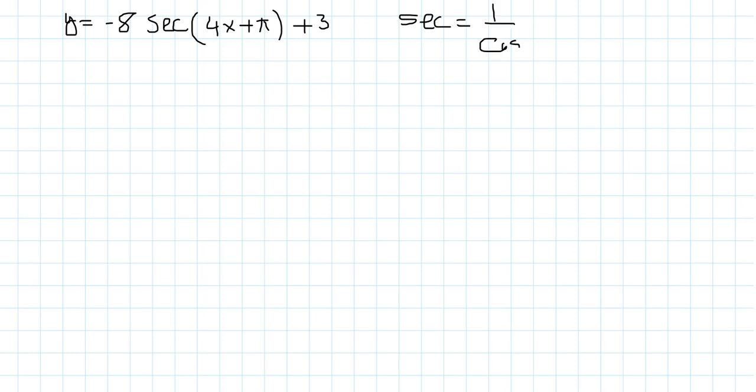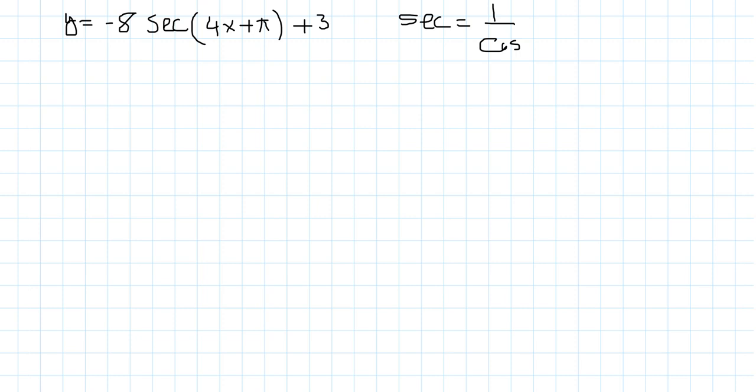y equals minus 8 secant of 4x plus pi, plus 3. Because secant is 1 over cosine, I should check where I have a problem on cosine.